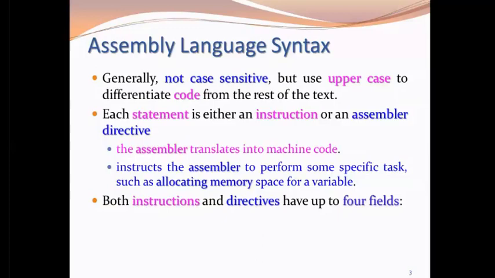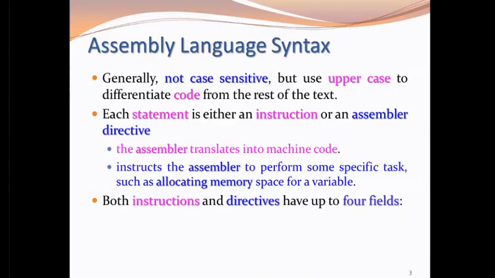Look at these. They are saying assembly program is not case sensitive. You know the meaning of case sensitive, right? Case sensitive means you always have to follow somewhere uppercase, somewhere lowercase, and then uppercase. So there is no issue about case sensitive.